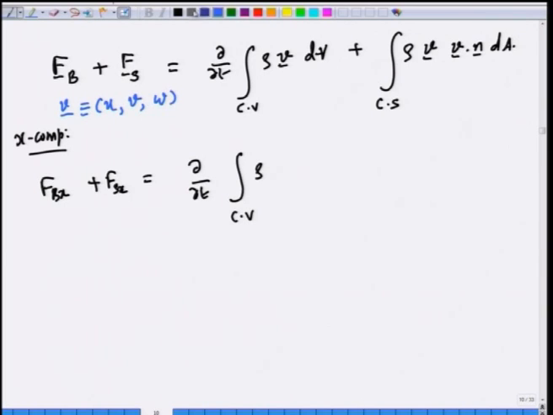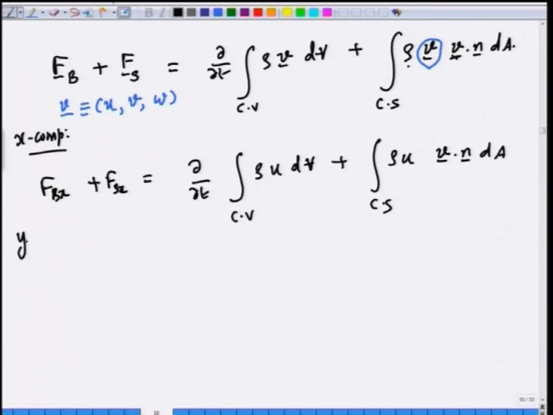So, d dt of integral rho u dV. In the next term, rho is a scalar and v dot n is a scalar. Even though v is a vector, once you dot it with n, it becomes a scalar. So, the only vector available to you is v, and the x component of it is u, and v dot n remains as such.